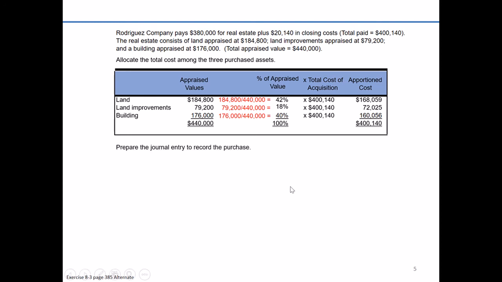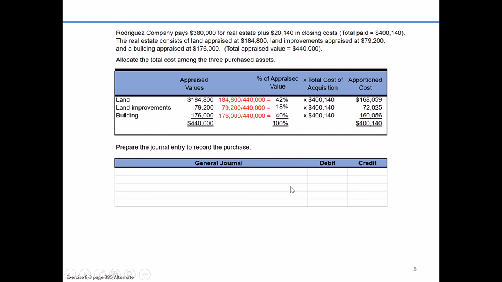so let's start building our journal entry. We identified that we're purchasing 3 lump sum items, including land for an allocated or apportioned cost of $168,059. We're acquiring land, which is an asset, so we're going to debit land for $168,059. Land improvements is going to be a debit of $72,025.